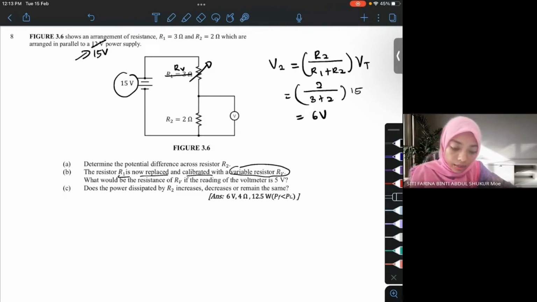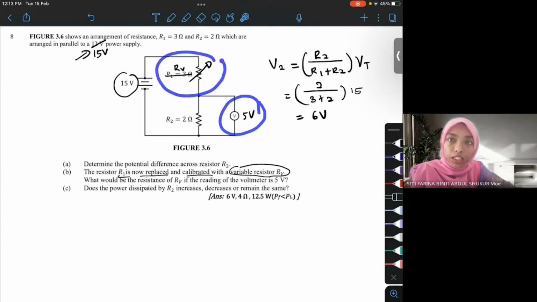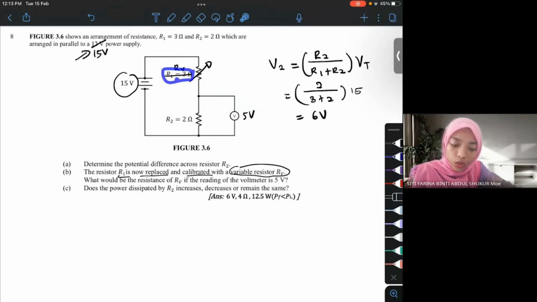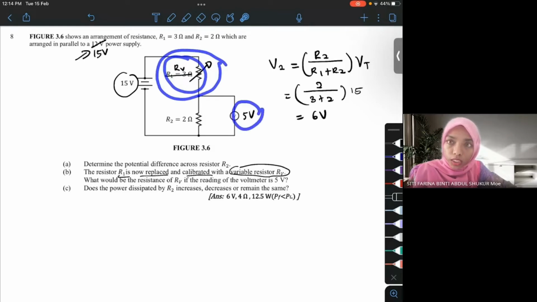It means now the voltage the voltmeter will read is not 6 but 5 volt. So for it to read 5 volt, what should the resistance here be? That is the question. Because you have removed the 3 ohm resistance, there is another resistance value here, and this new resistance value is going to give out a new V here.